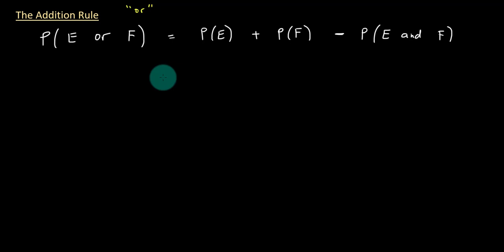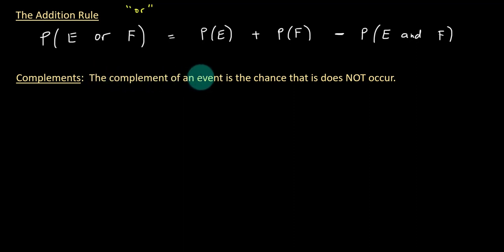Secondly, let's look at the complementary event. The complement of an event is the chance that it does not occur, and this is often denoted as the probability of an event that does not occur, or the complement of that event.